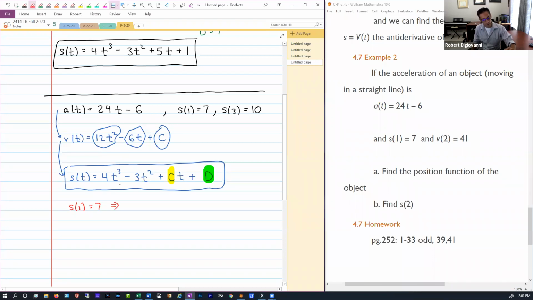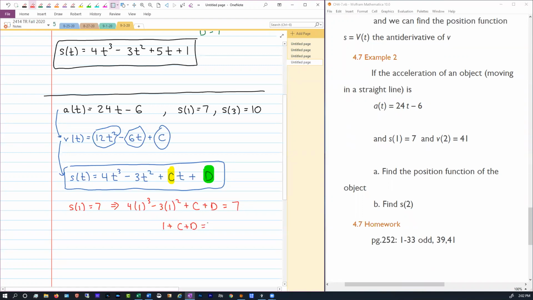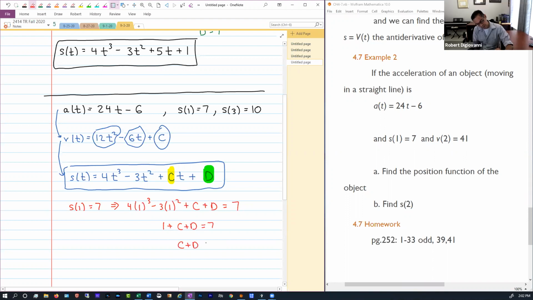That means when you replace all the T's with 1s, be careful here, it just becomes C times 1 plus D, and you're supposed to get 7. So 4 minus 3 is 1. Take the 1 to the other side: C plus D equals 6.